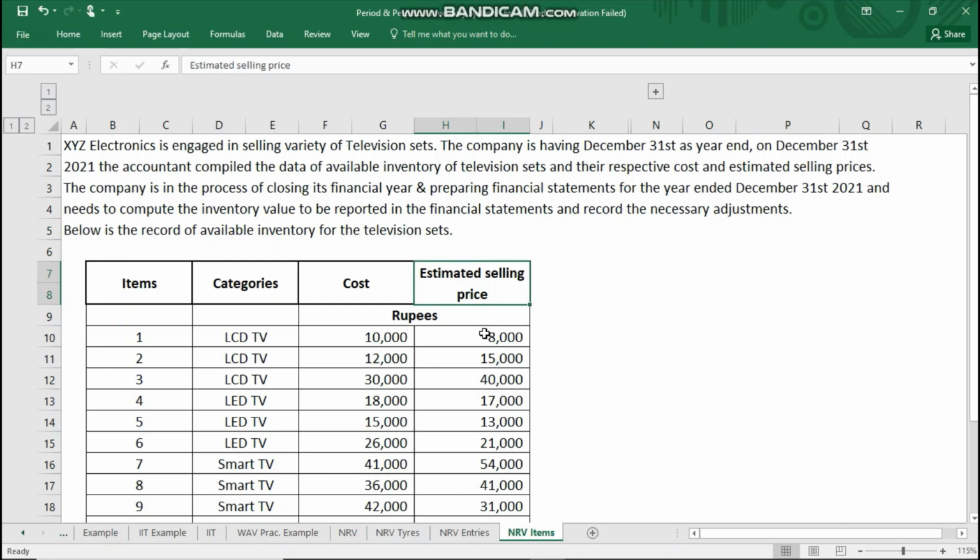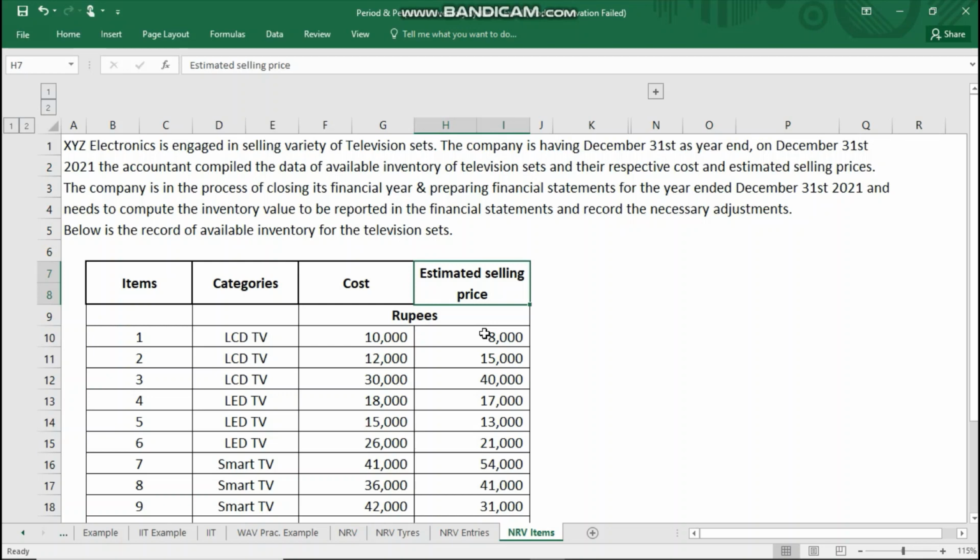So in this example, we have given the cost and estimated selling price of each inventory item. Let me recall the definition of net realizable value. We studied that net realizable value is the estimated selling price in the ordinary course of business less estimated cost of completion and estimated cost necessary to make the sale.